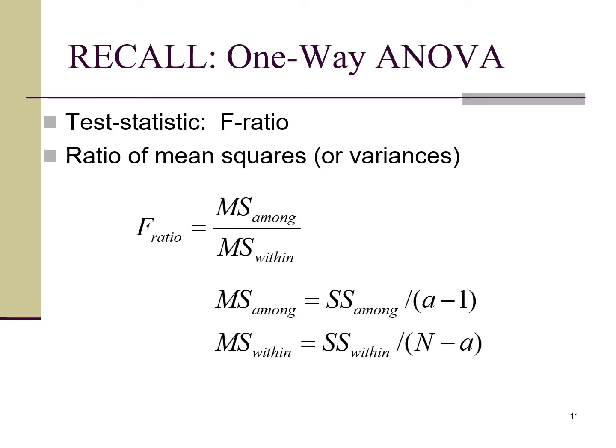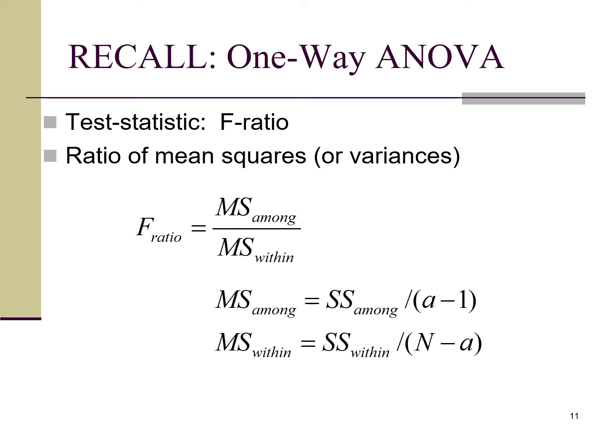And then we're going to calculate this F ratio, the ratio between the mean square, that is the sum of squares divided by the requisite degrees of freedom, in this case, A minus 1, that is levels minus 1, and the mean square within.